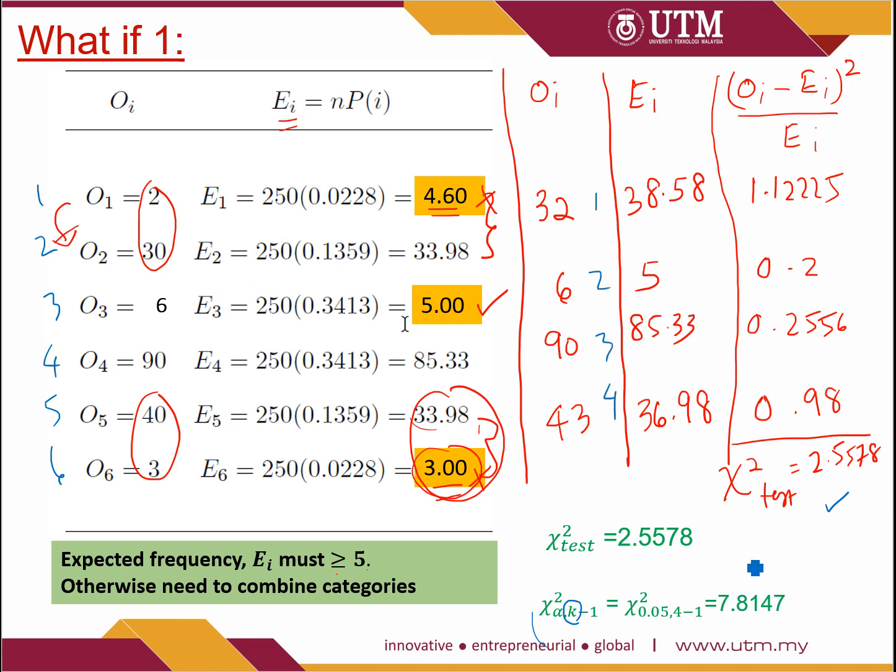So now we have 4 categories. So our k is now 4. So 4 minus 1 is equal to 3. So that means your degrees of freedom would be 3, and you will get this critical value. So please be careful in class. Make sure that your expected value must be more than or equal to 5.